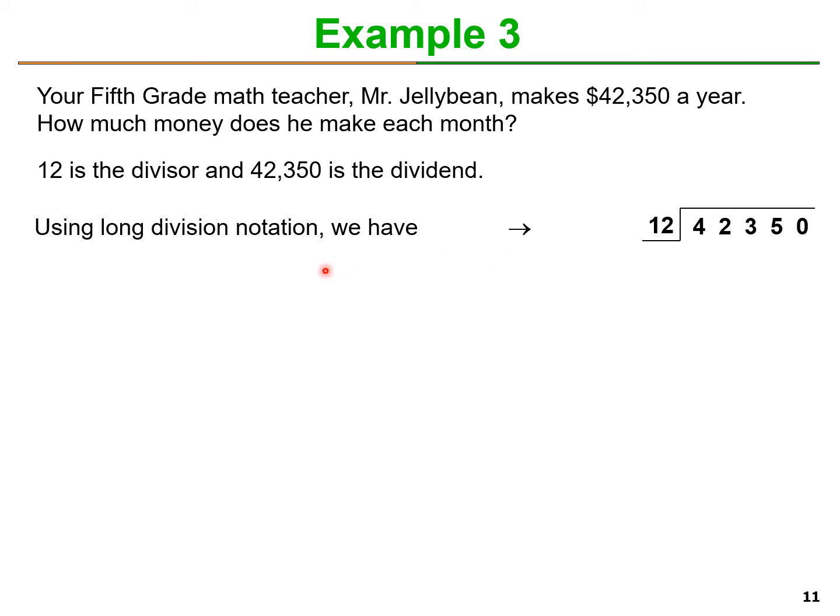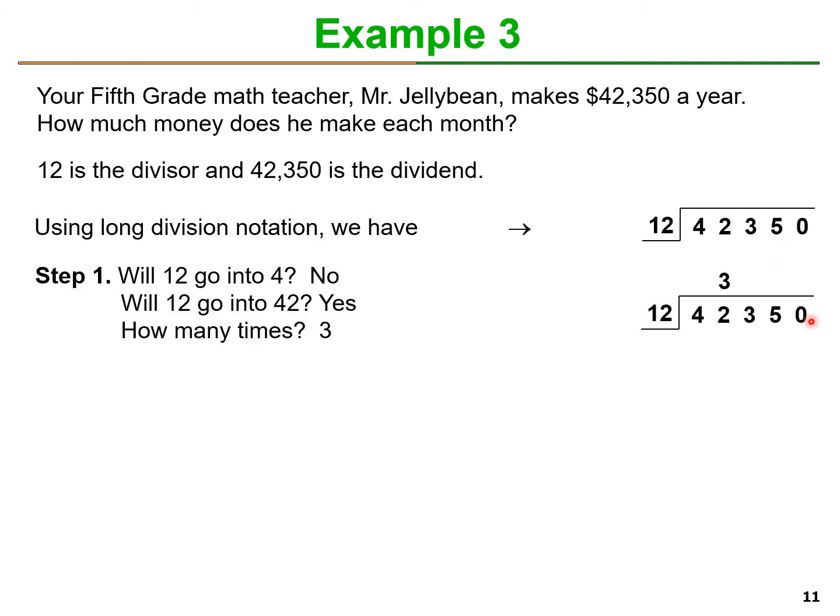Okay, using long division notation, 12 goes where the divisor place is. 42,350 goes where the dividend is placed. Step 1, will 12 go into 4? No. So we move over 1 digit to the right in the dividend. Consider 4 and 2 together.